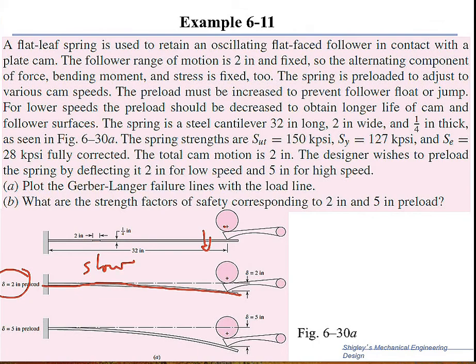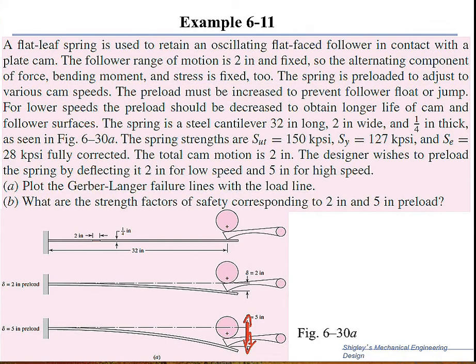If the cam is going to rotate very fast, then the initial preload is recommended to be 5", and this will guarantee that the follower is not going to jump, since it has a lot of inertia that can make it jump up and down.